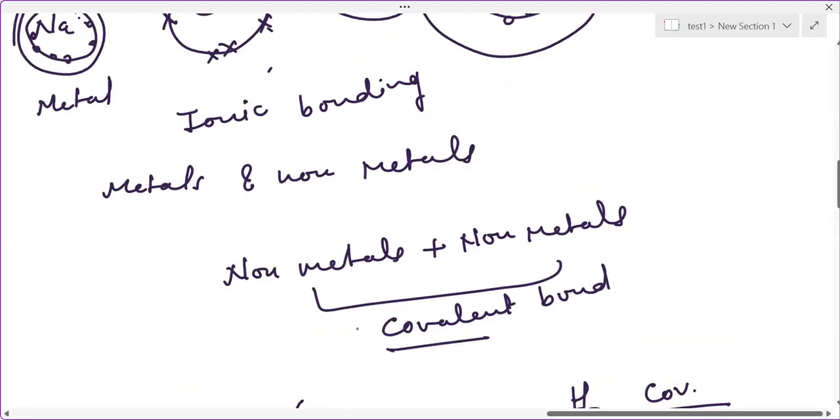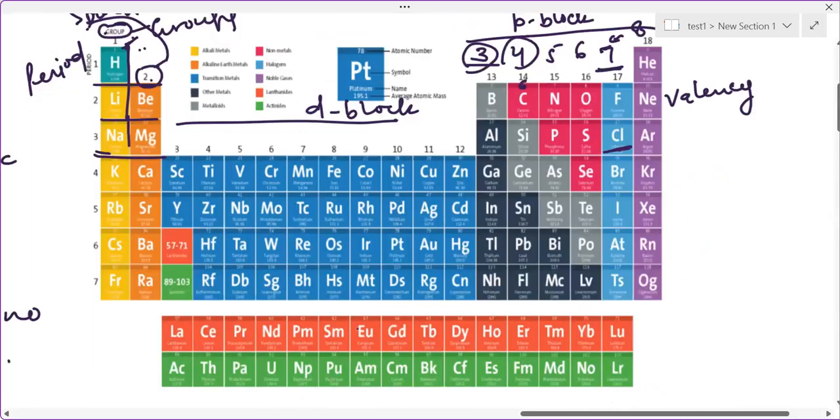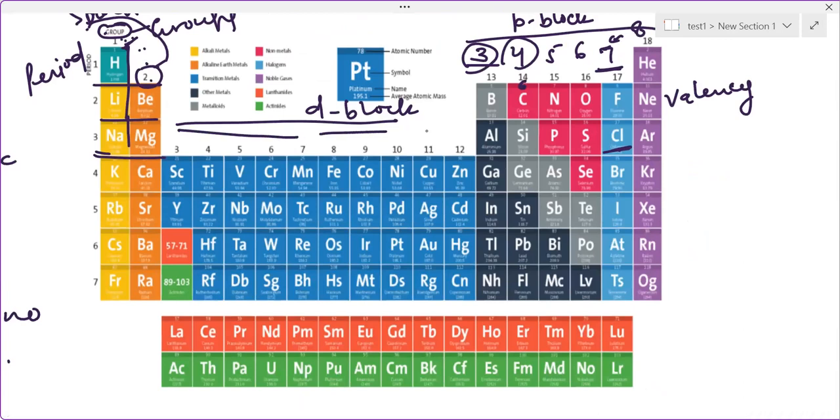Okay. Let's come back to the periodic table. We were talking about the periodic table. Group 1 is alkali metals, group 2 is alkaline earth metals, right? This portion is called the D block, and it consists of all the transition elements. I'm writing here: transition elements.